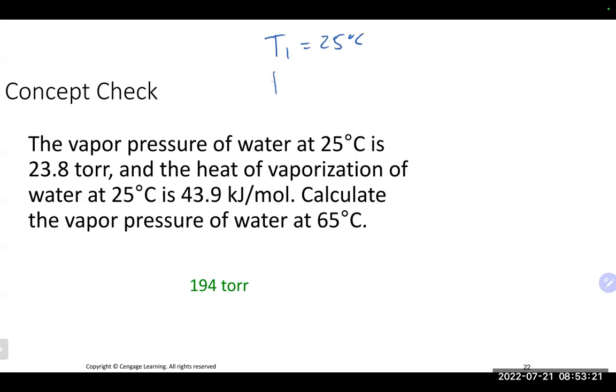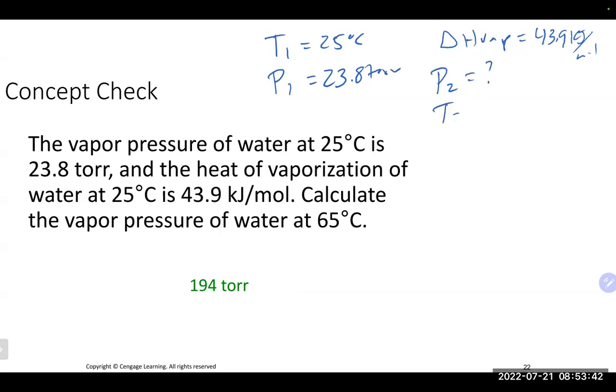That would go with our vapor pressure of 23.8 torr. Our delta H of vaporization is 43.9 kilojoules per mole. And we want to calculate our second vapor pressure. And obviously our second temperature here is 65 degrees Celsius.